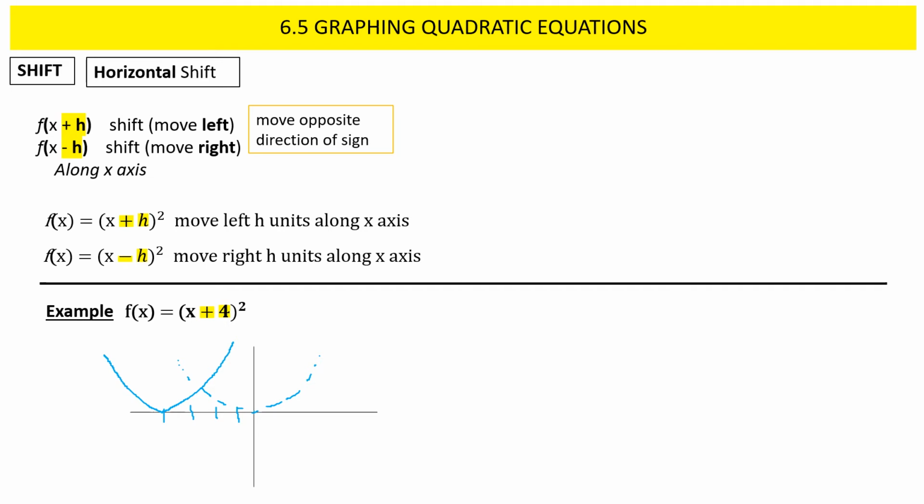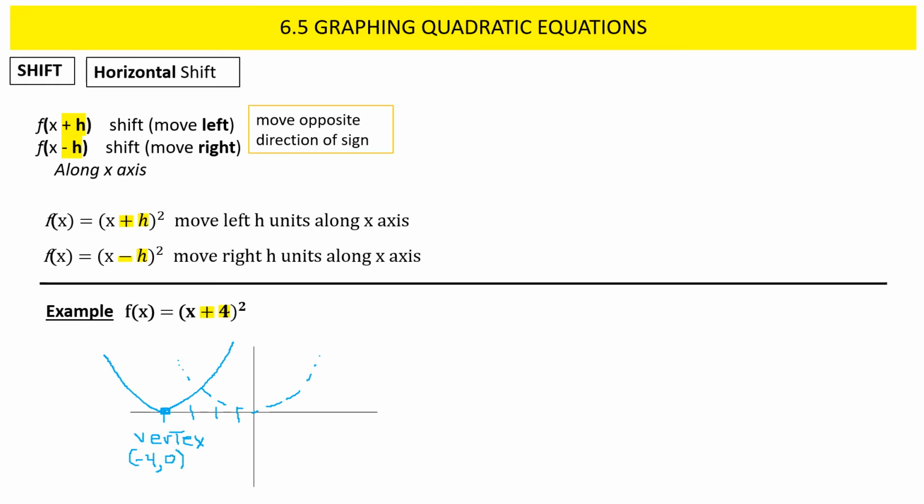Now, if we take a look down at this point here, this is our vertex. Let's see what that actual point value is. X here is negative 4. And the y, I didn't move up or down. It's still 0.